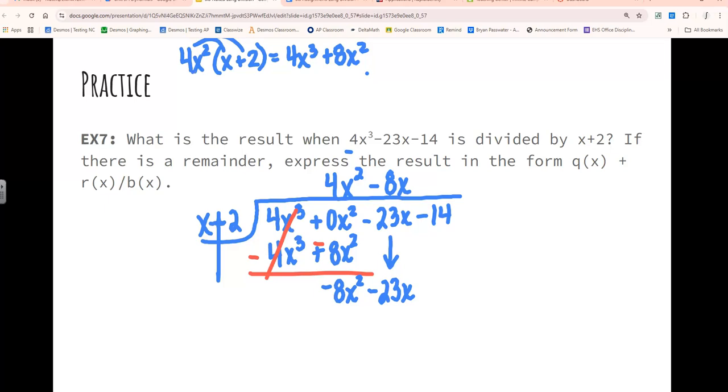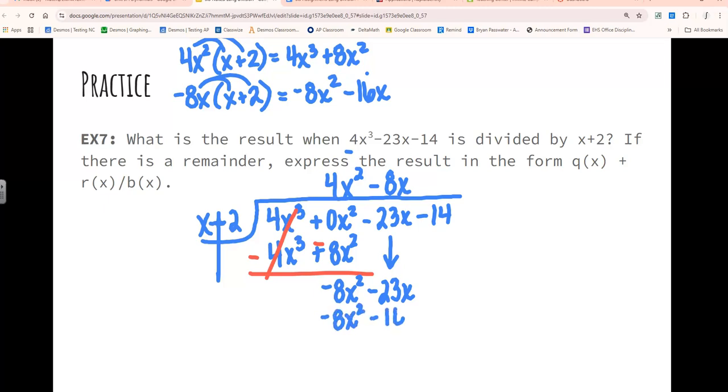Okay, so I've got to take that negative 8x and multiply it by x plus 2. And I will just distribute here: negative 8x squared minus 16x.